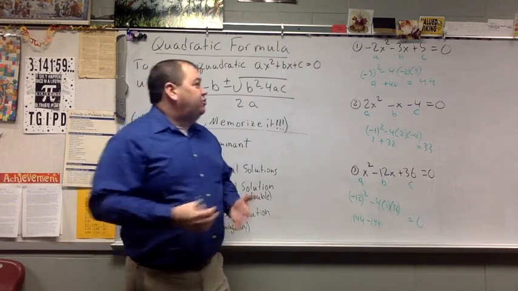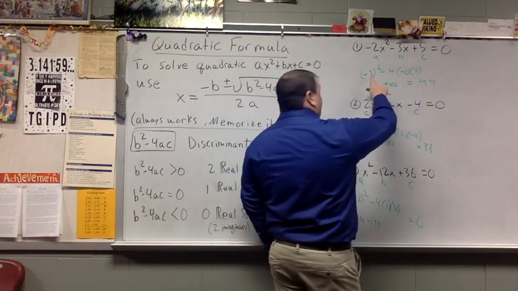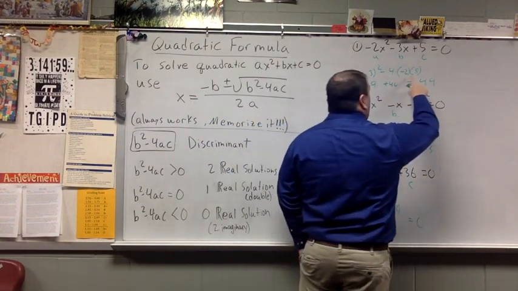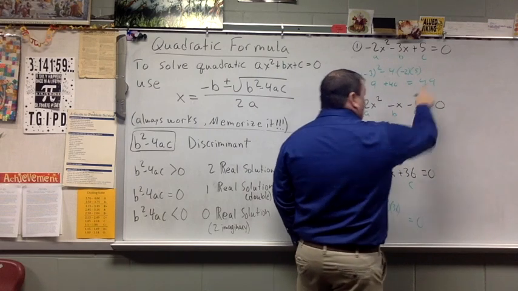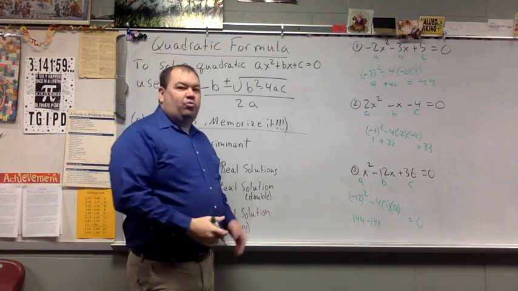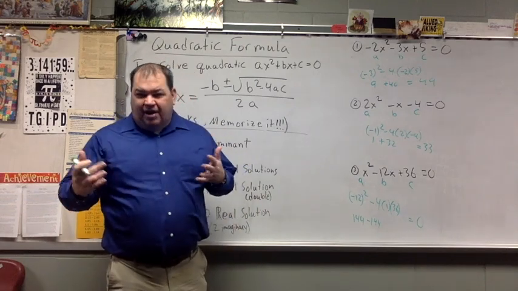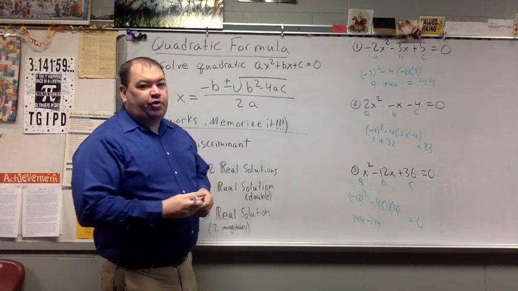Now, if I go back and actually do these problems, if I go back up here, I already did b squared minus 4ac. I found out that that discriminant was 49. Some people say, well, why do the discriminant? Why not just jump right into the quadratic formula and get your answers? I'm actually doing part of the quadratic formula here.